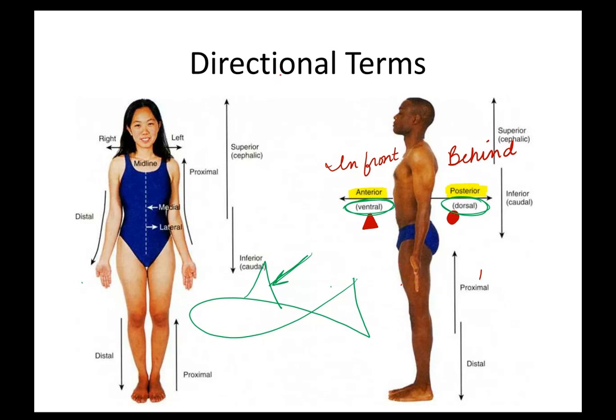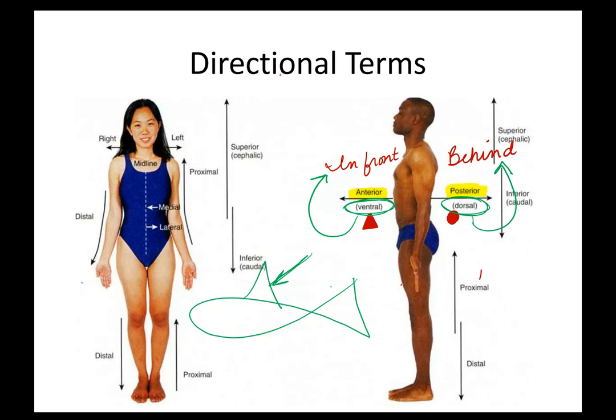So dorsal means behind and ventral means in front of. And again, if you look at the term and say, okay, this is behind it, this is in front of it, you can give yourself a little bit of a window of, it's okay for me to learn it this way.